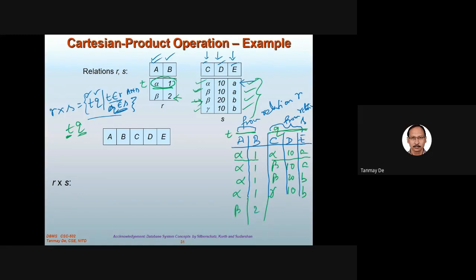For beta 2, it is again combined with each of the tuples in relation S. So this is again beta 2 with alpha 10 A, then beta 2 with beta 20 B, and beta 2 with gamma 10 B, which is the last tuple.